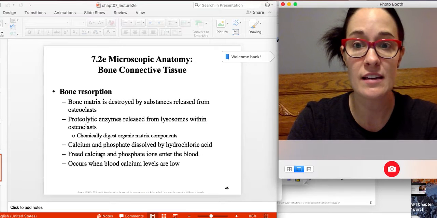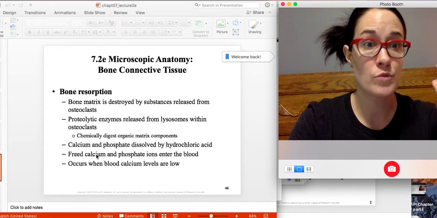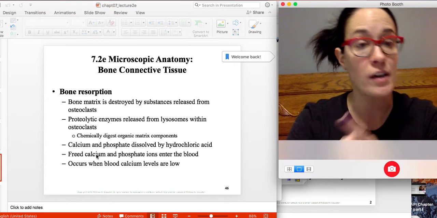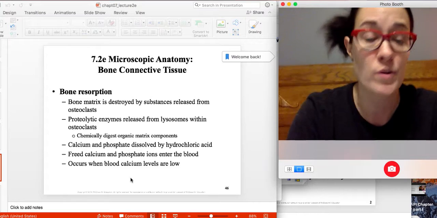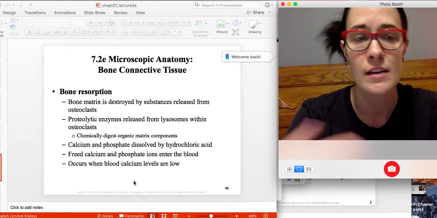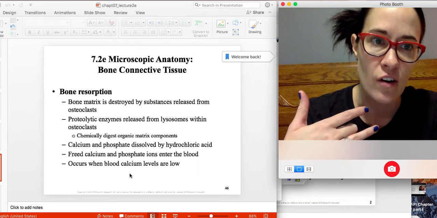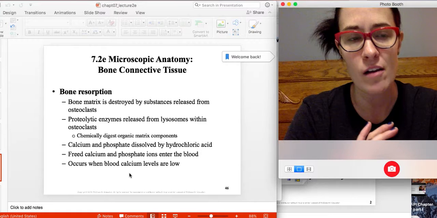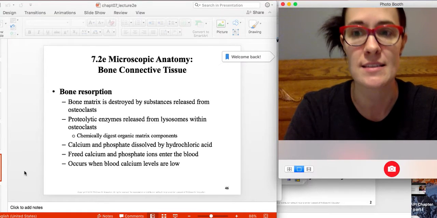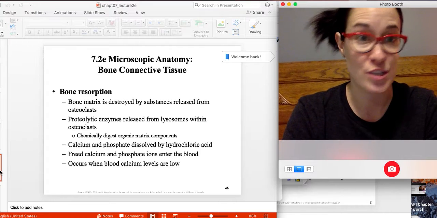Your body needs calcium and phosphate ions to have your nerves function and have your muscles function. So when your calcium is low in the blood or phosphate is low, your nervous system will signal, or your hormones will signal your bones to break down bone tissue to release the calcium and the phosphates, which is amazing.